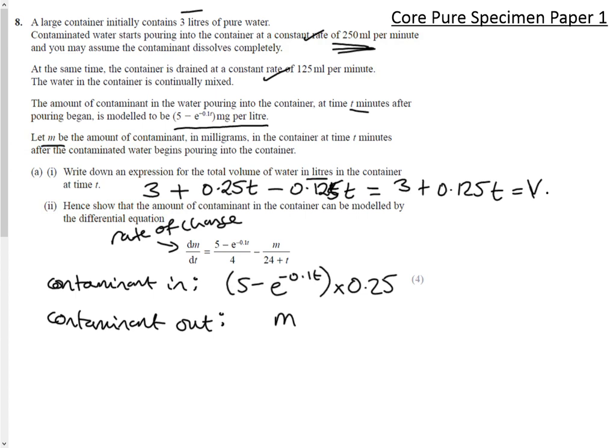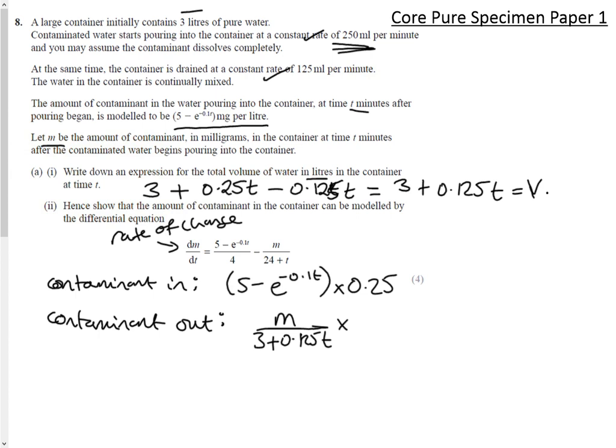Well, that's dispersed throughout the whole container. So we've got that per milligram, and how much liquid have we got in the container? So we've got 3 plus 0.125t litres in the container at a time.